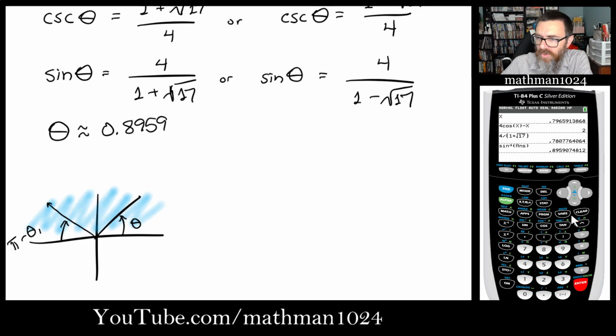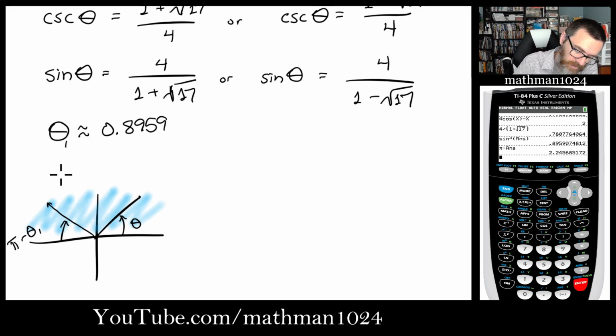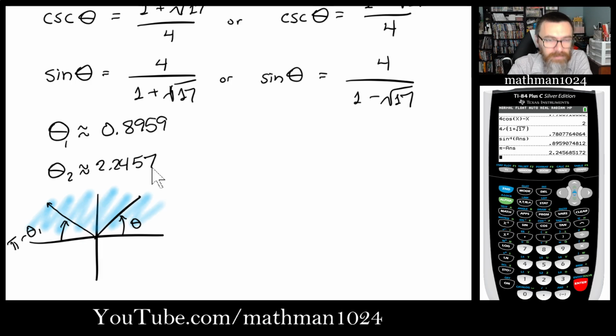So the other answer is going to be pi minus this answer. So that's our one solution. Second solution is going to be 2.2457. And we're going to check this here in just a moment.